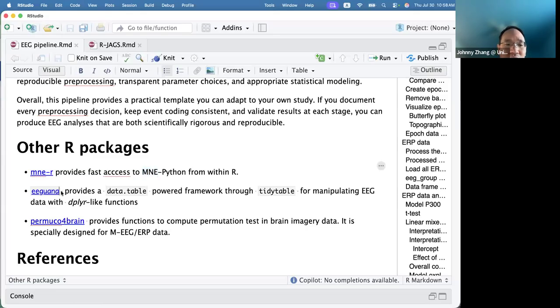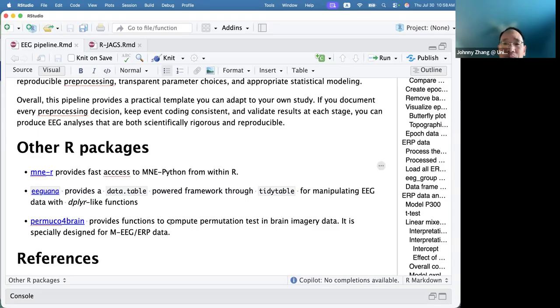And this package uses a different data format to save the data and to do some pre-processing. Sometimes you may also want to do other statistical tests. For example, this provides permutation methods for EEG data analysis. These are packages we can easily connect with the data here.